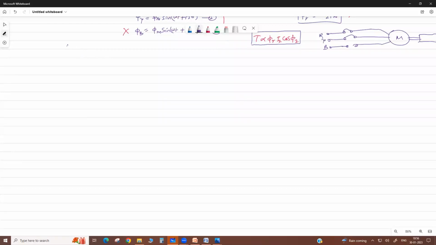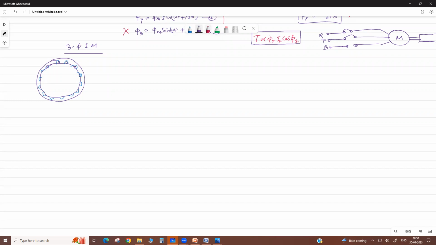Generally, if we talk about a 3-phase induction motor, the first part is your stator core. This is the stator core. In this stator core, there are slots. In those slots, we do the distributed winding.